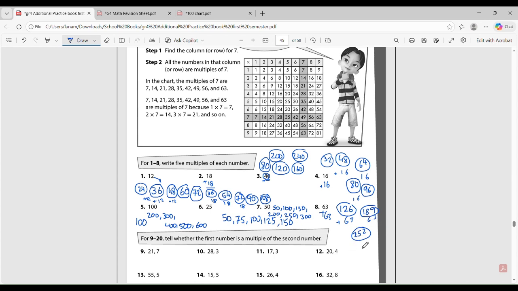Now we will add 63. We will have 315 plus 63. I have 378. So here I'm skip counting by 63. I'm adding 63 each time.